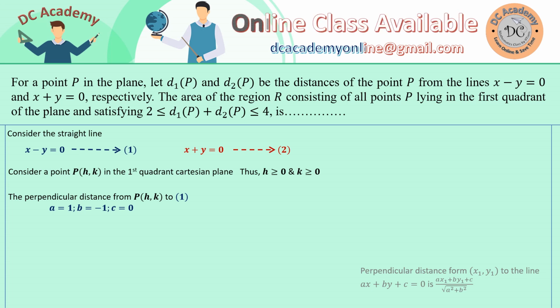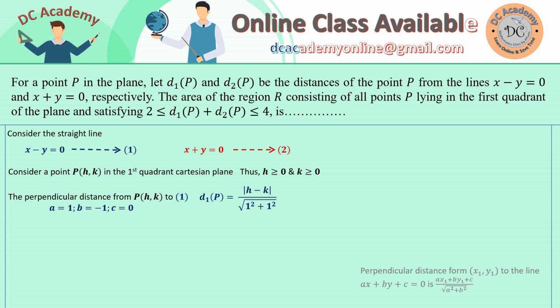Comparing ax plus by plus c equal to 0 with the line x minus y equal to 0, we get a equal to 1, b equal to minus 1 and c equal to 0. Therefore d1 is equal to |h minus k| divided by the square root of 1 square plus 1 square, which gives |h minus k| divided by root 2. So that's the distance d1.